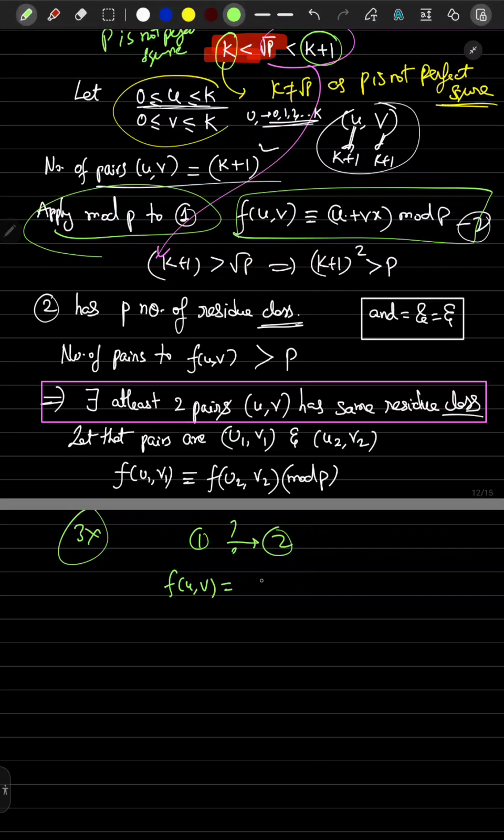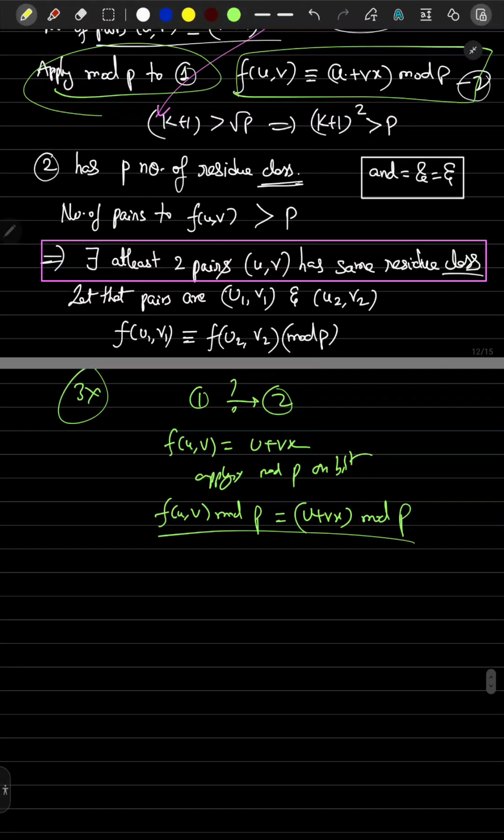This is u comma v equals u plus vx. Now applying mod p on both sides, what will it become? U comma v mod p equals u plus vx mod p.